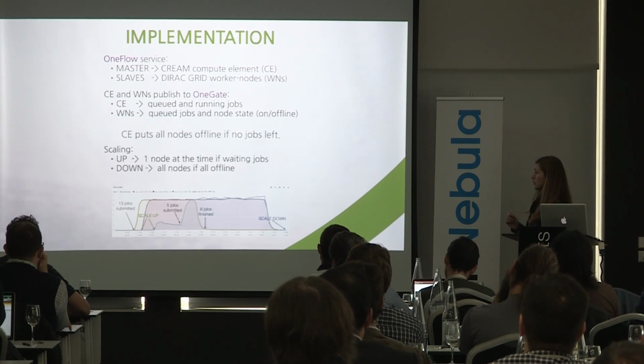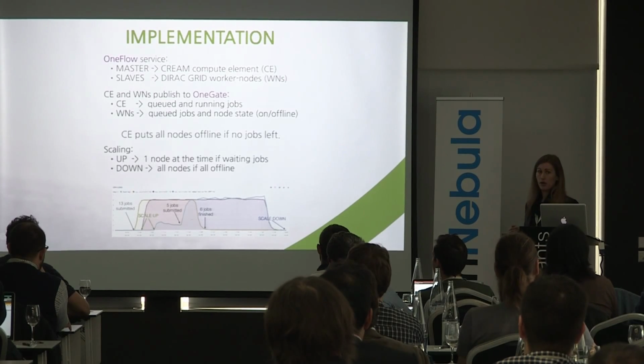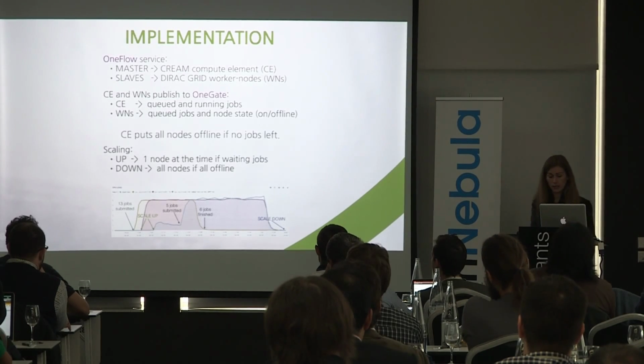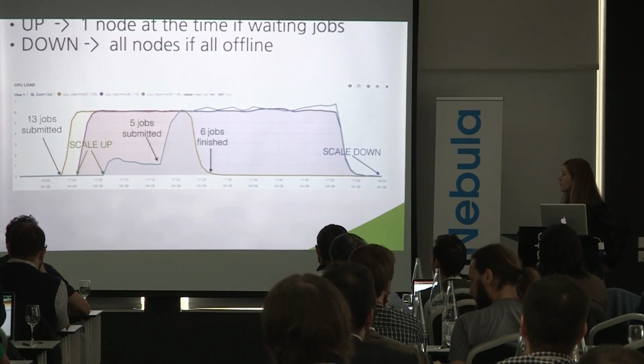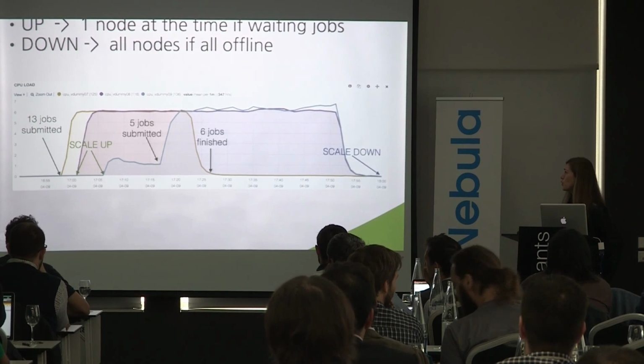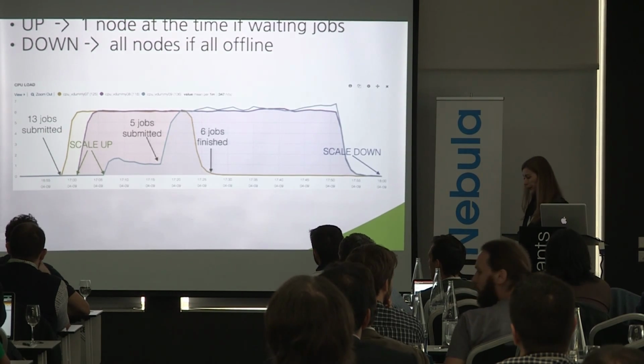So the elasticity criteria are: scale up one node at a time if there are waiting jobs, and scale down if all the nodes are offline. As you can see in this example, this is just a little test we did to see if everything is working properly. The different colors are the CPU load for different virtual machines.